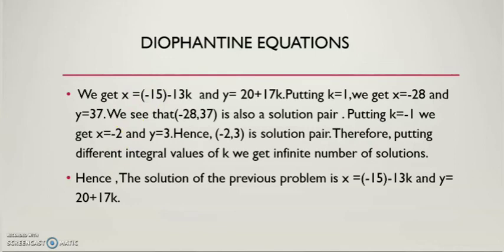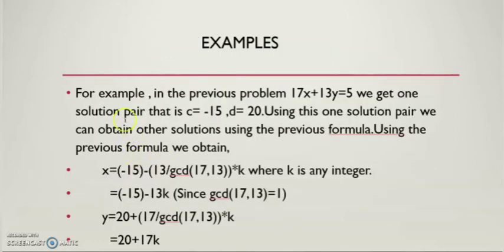So for example, in the previous problem, 17x plus 13y equal to 5, we get one solution pair, that is c equal to minus 15 and d equal to 20.